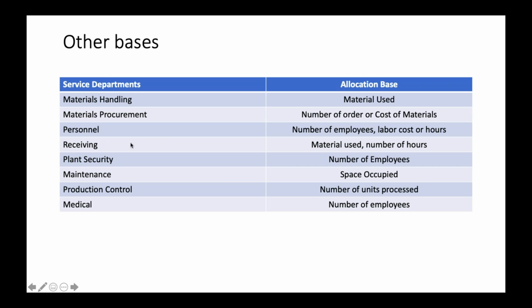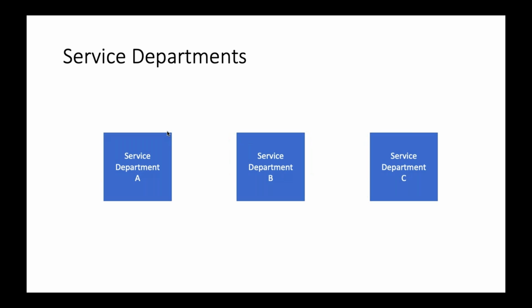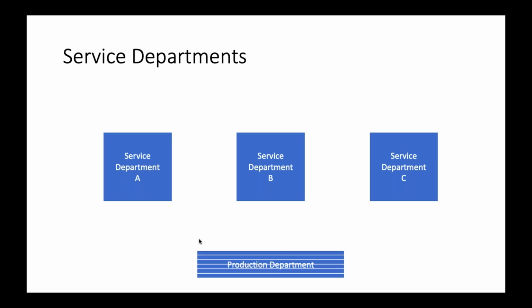Now, service departments are not revenue generating departments. This service department serves other service departments or the income generating departments. For example, we have three different departments, departments A, B, and C. And we also have a production department, where the goods to be sold are being manufactured.